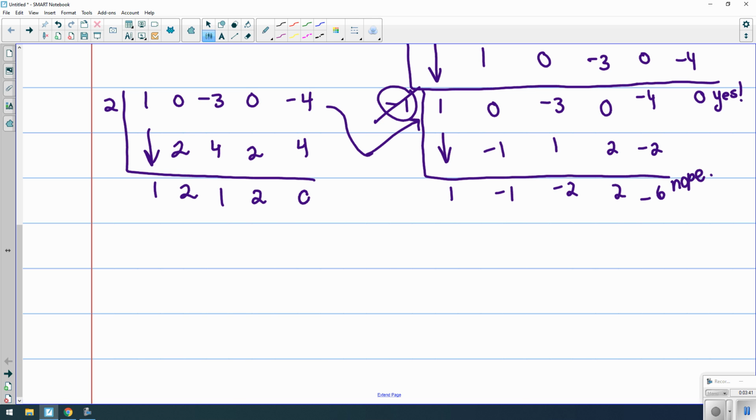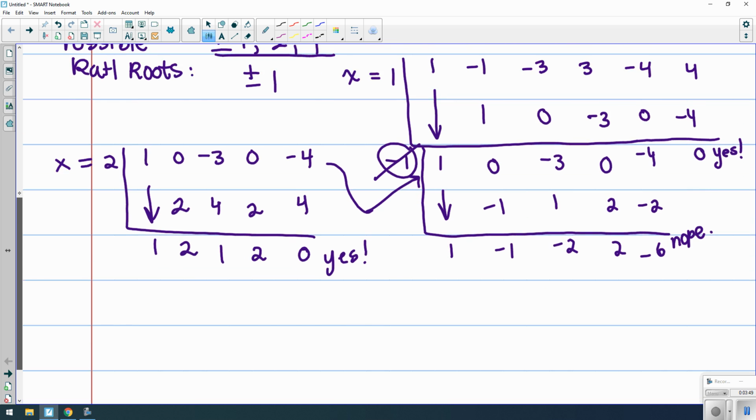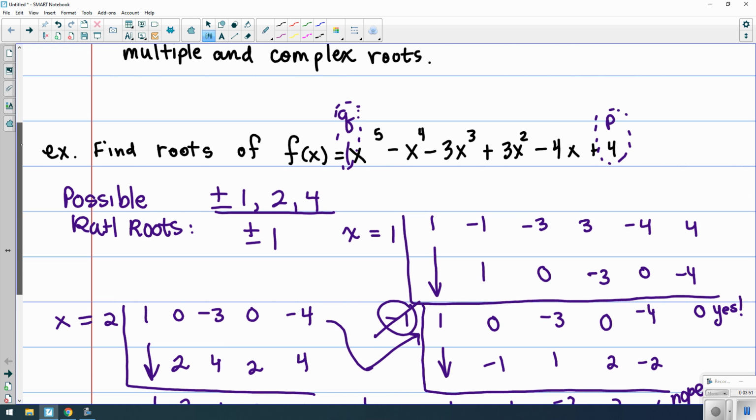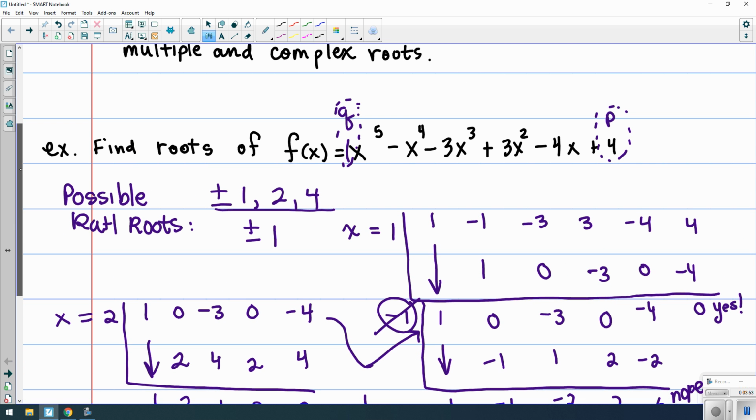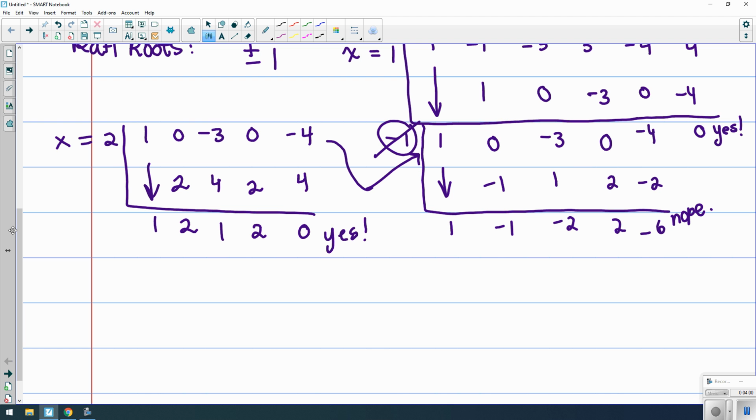I end up with 0. Yes. Woohoo! So I found another zero. X is equal to 2. I am 2 down and I have 3 to go. Oh, bummer. 3 to go because I have an x to the 5th leading me off, which means the fundamental theorem of algebra says I better end up with 5 zeros.